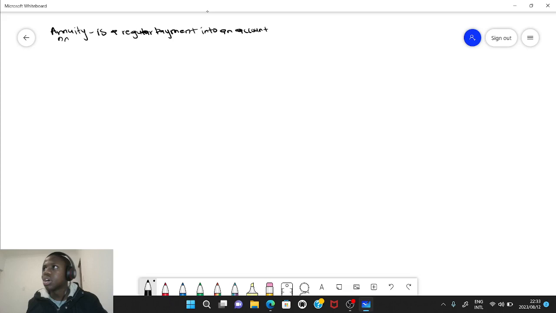Is it a regular payment? Is there any consistency? Looking at these payments, there is no consistency. Therefore I will not identify this as an annuity.